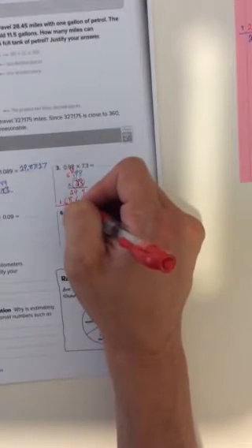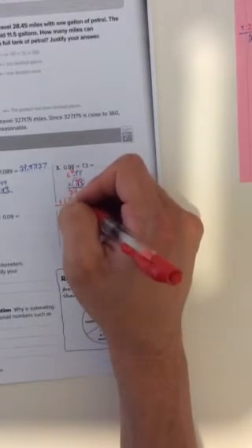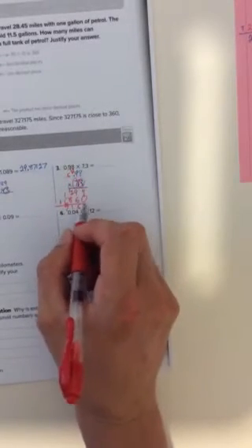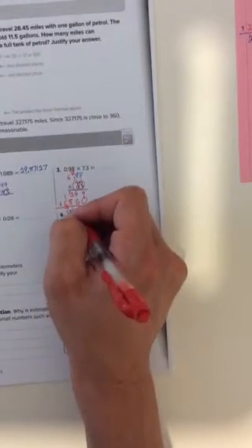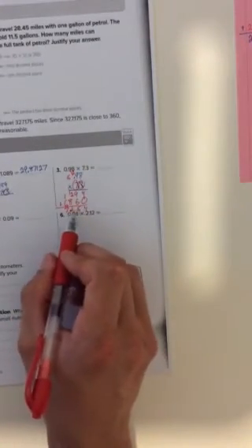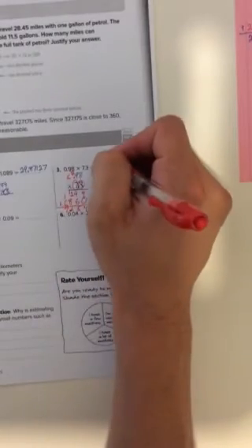Add them up: 15, 10, 11, 7, 1, 5, 4. Now how many numbers are we talking about behind the decimal? 1, 2, 3. So there's 3 numbers behind the decimal, so 3 numbers to the right of the decimal.